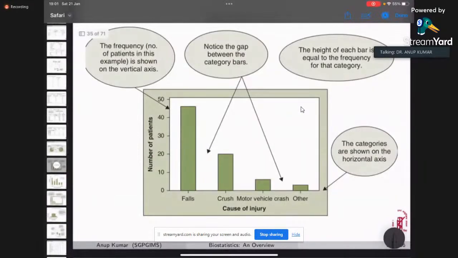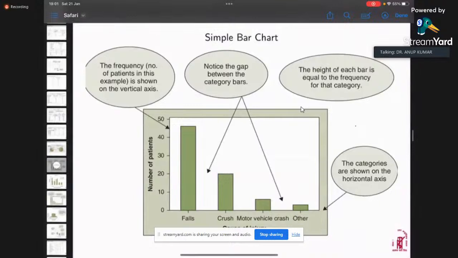You can also present your categorical data with the help of the simple bar chart. Just see the quality of the simple bar chart: you have a gap between the bars. The height of the bars represents the frequency of the data.